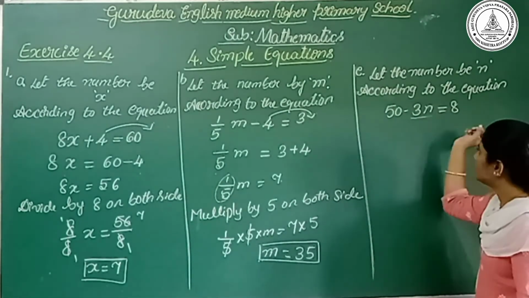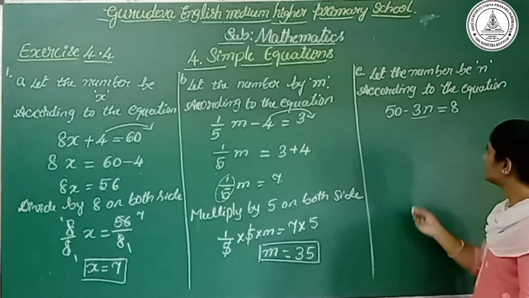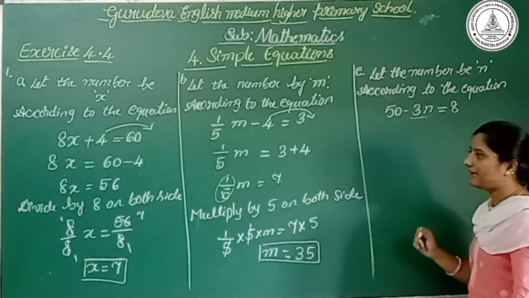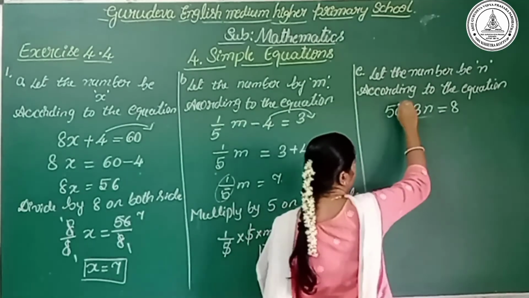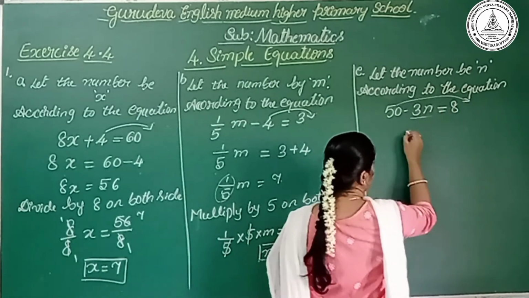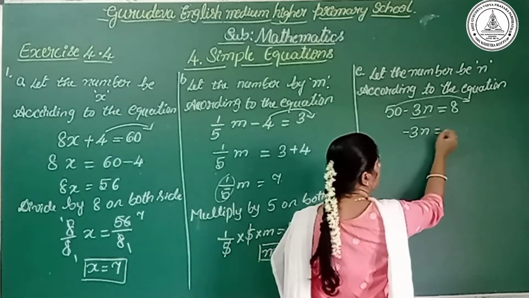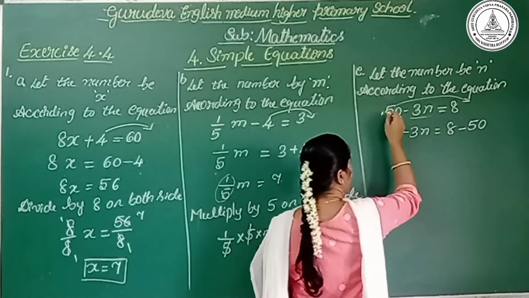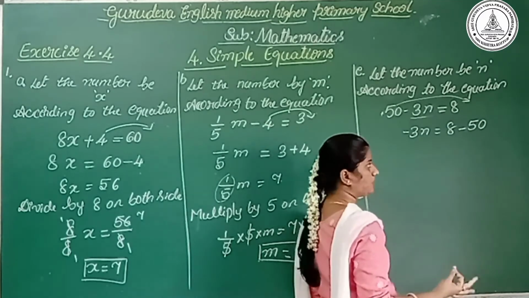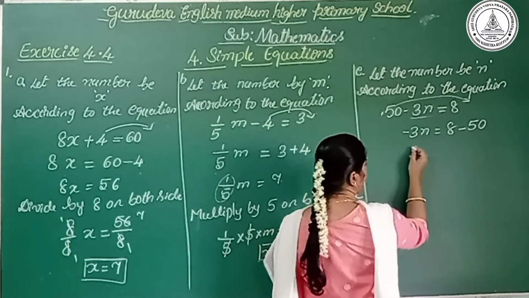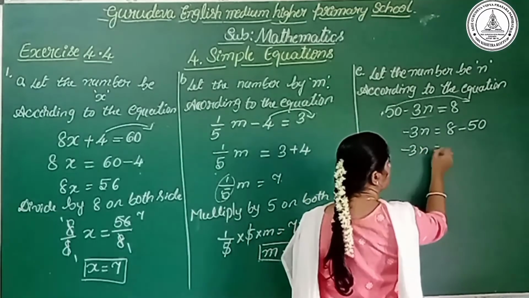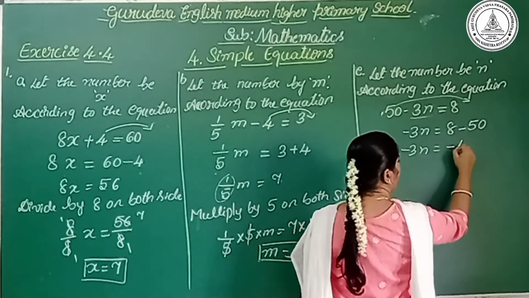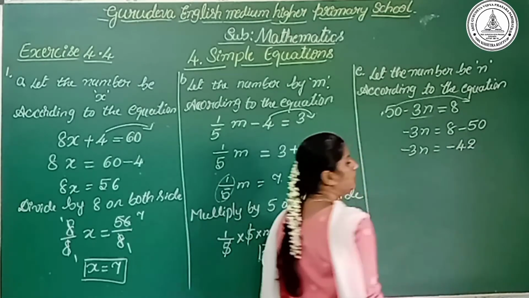Okay, so now you simplify this equation. Just transpose 50 to the right hand side, then we will get minus 3n is equals to 8 minus 50. It will become negative. Then minus 3n is equals to 8 minus 50 is minus 42.